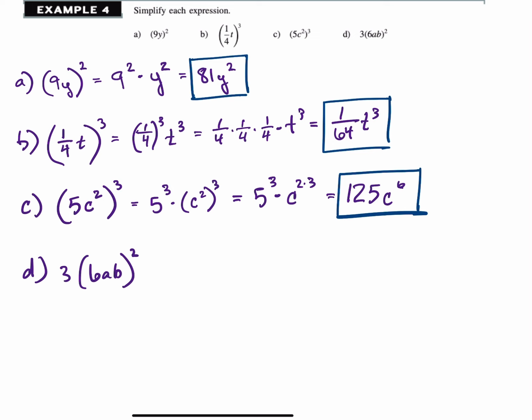So you can expand it out as 3 will stay the same, times 6 squared times a squared times b squared. 6 squared is 36, so 3 times 36 a squared b squared. And 3 times 36 should give you 108. Then we have our a squared and our b squared.